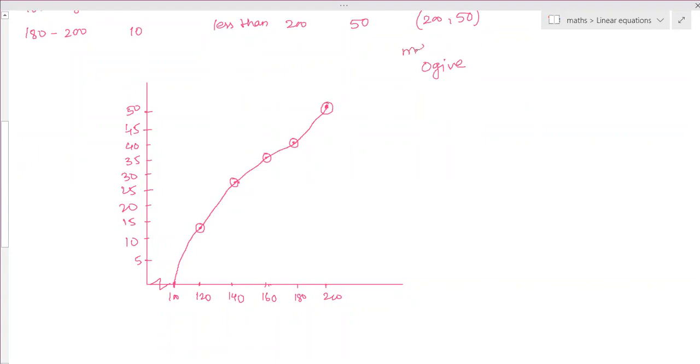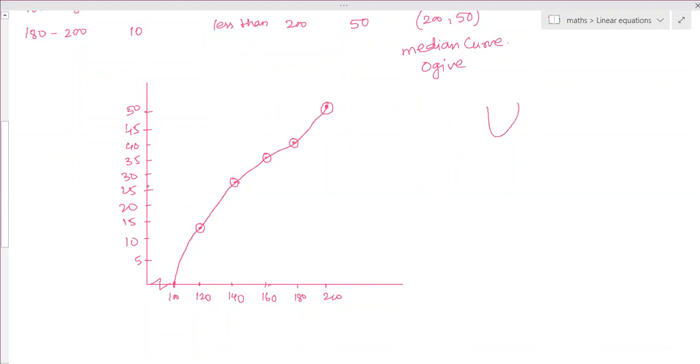Ma'am, why freehand? Can we draw with a scale? No, you are not supposed to draw with a scale. Ma'am, is this known as a parabola? No, a parabola is different. This is a curved line made of straight segments.